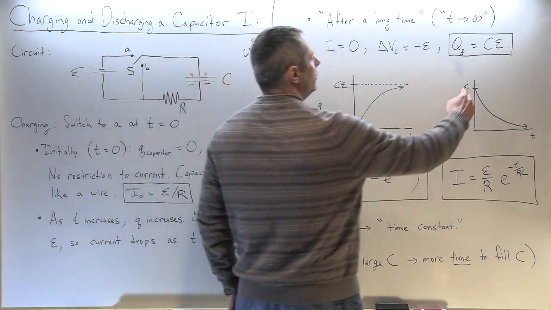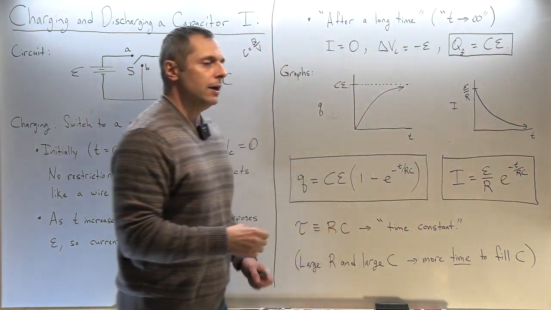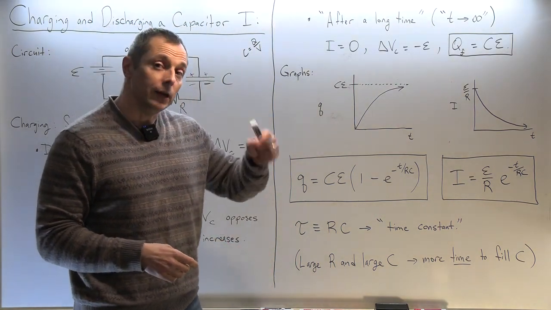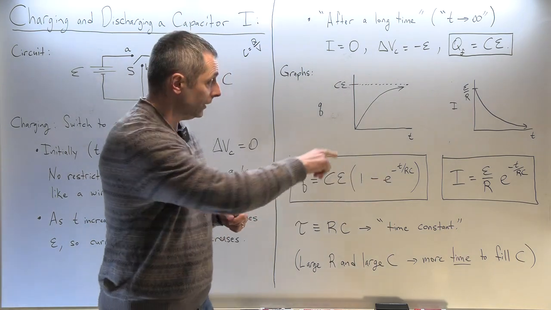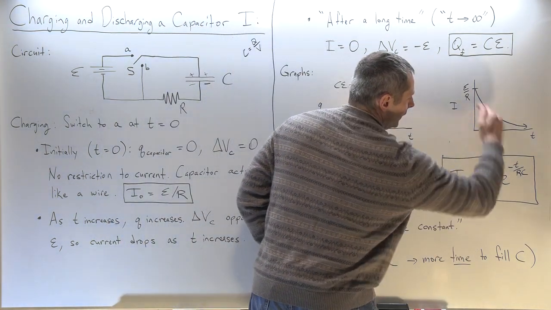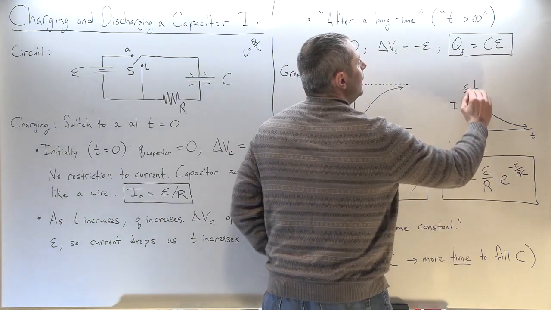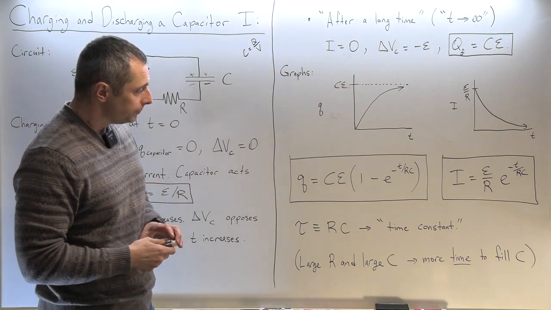So the current starts at EMF over R, and then as time gets bigger and bigger, e to the negative bigger and bigger number starts from 1 and goes down to 0, like that shape. And so this goes from 1 to 0 like this, and then EMF over R just increases the y value, the starting point of the graph.